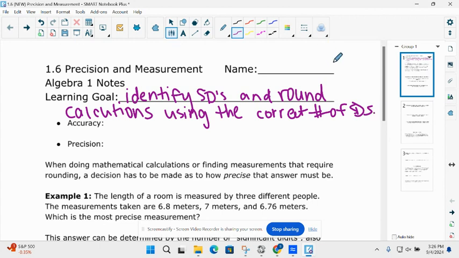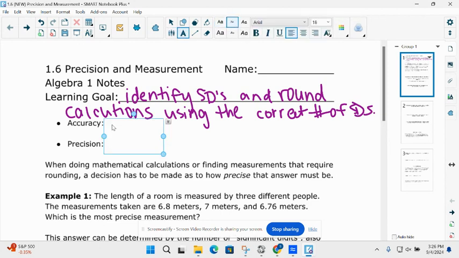So first of all, two very important vocabulary words, the difference between accuracy and precision.